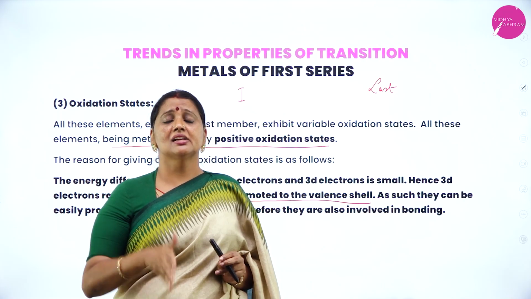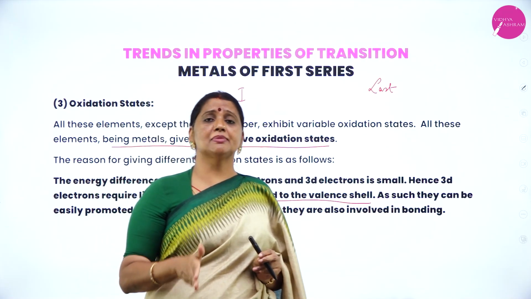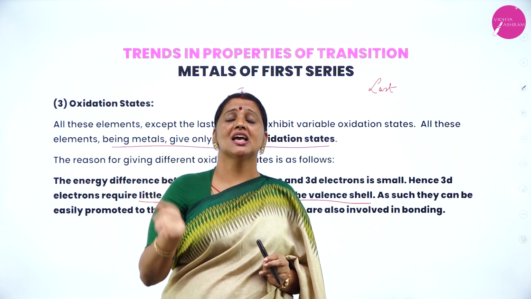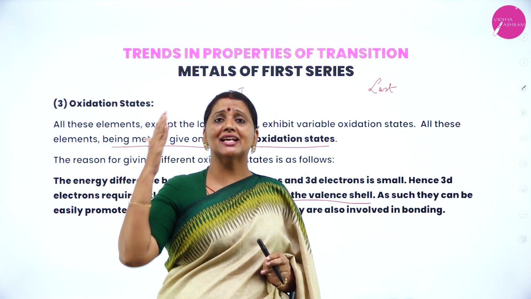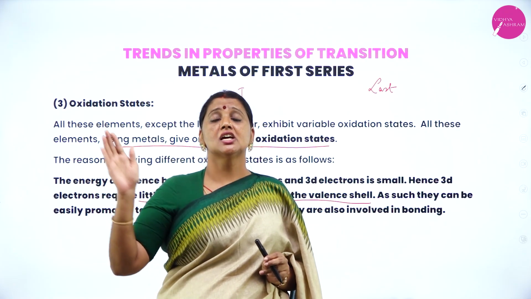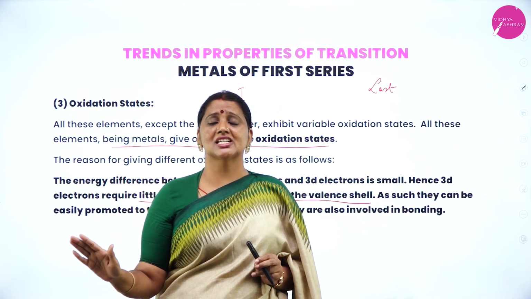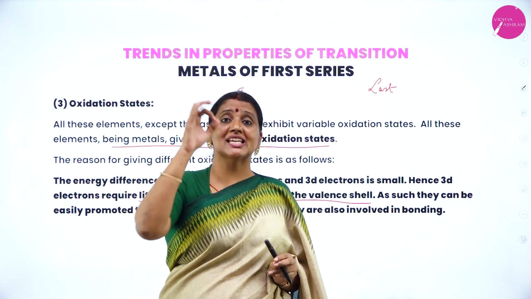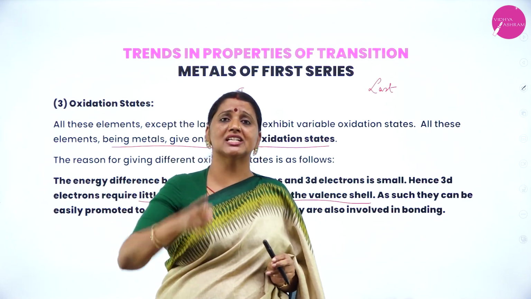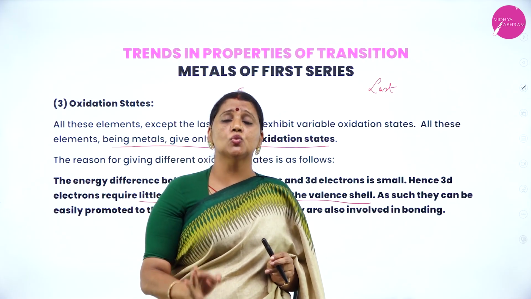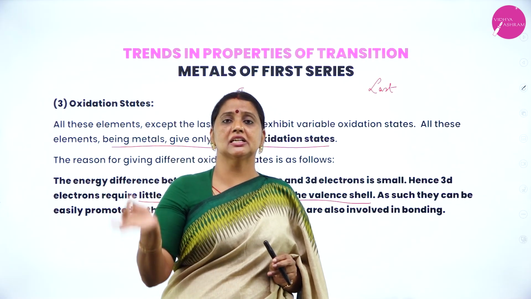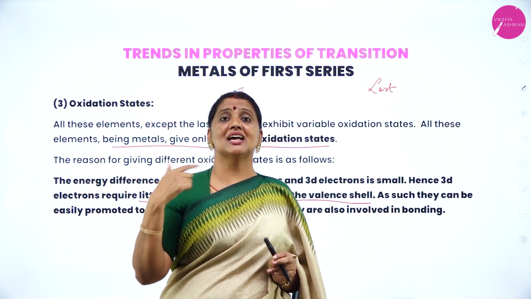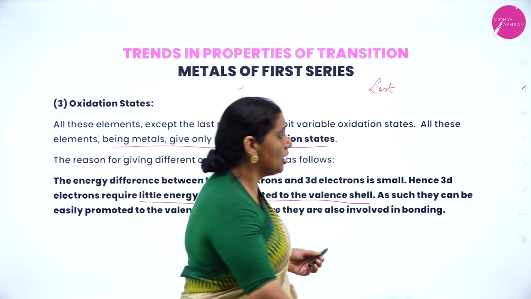Because of that reason, 3d series elements exhibit variable oxidation state, while the first member and last member of the 3d series do not. The rest of the metals exhibit variable oxidation state because of the involvement of electrons in both the ns orbital and n-1 d orbital.